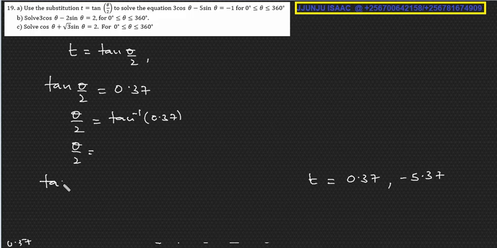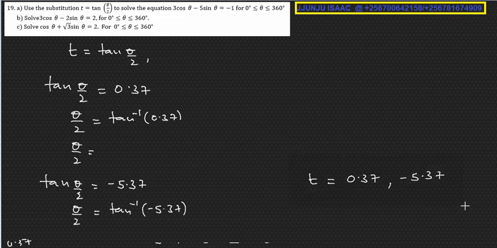Also, tan theta by 2 will be equal to negative 5.37. So our theta by 2 will be equal to the tan inverse of negative 5.37.